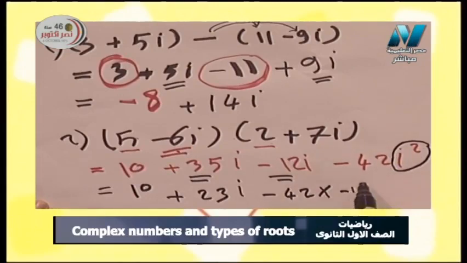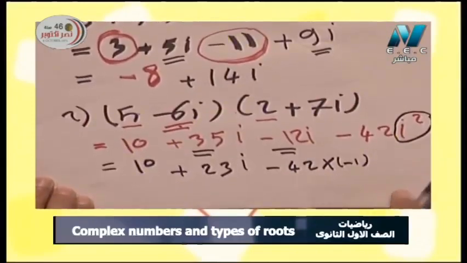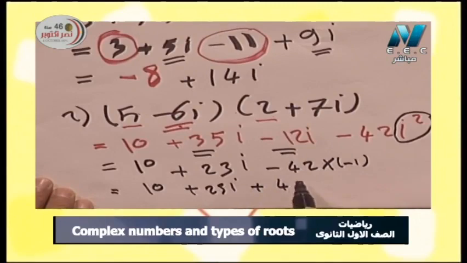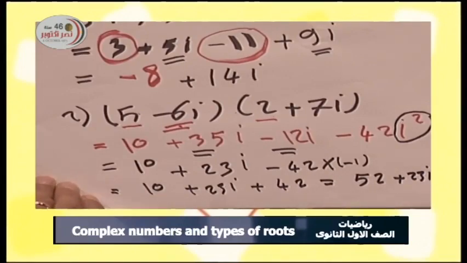Yes, negative 1. So the answer will be here equals 10 plus 23i plus 42. The final answer will be 52 plus 23i. Okay.